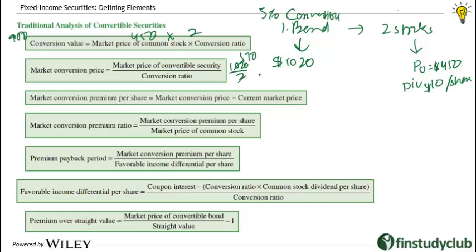So it's almost like telling you that effectively, indirectly, when you buy a bond, you're essentially buying potentially two stocks, and your conversion price turns out to be $510. So in a sense, this is some sort of a break-even point. So in case the stock reaches 510, you know that you've sort of broken even in terms of conversion. Market conversion premium per share.